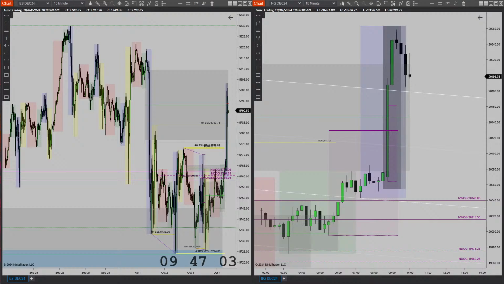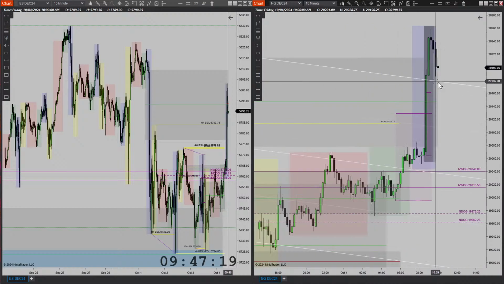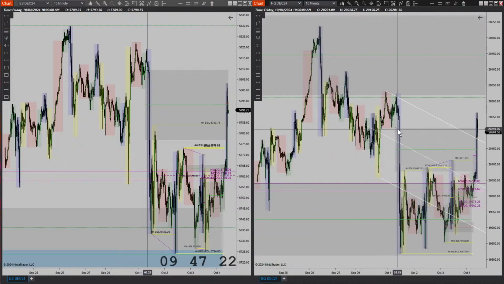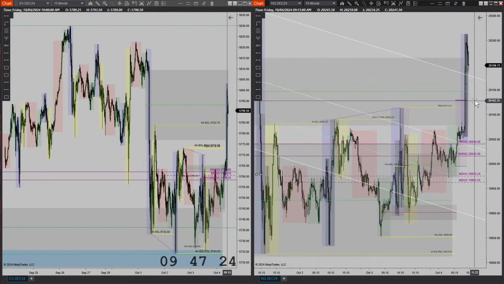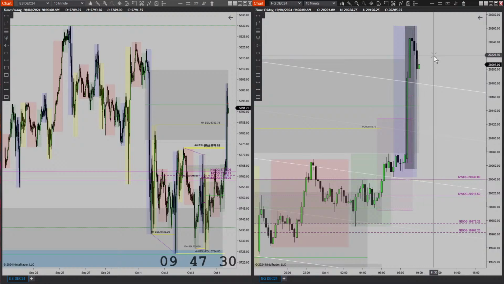What I want to see now is displacement. I'm not looking to see consolidation, because if I see consolidation, what that tells me is we're consolidating to maybe run the low of that consolidation and then we draw higher. That's not what I want to see. I want to see an immediate displacement, same as it did here. And if we break this low here, then we might see that.